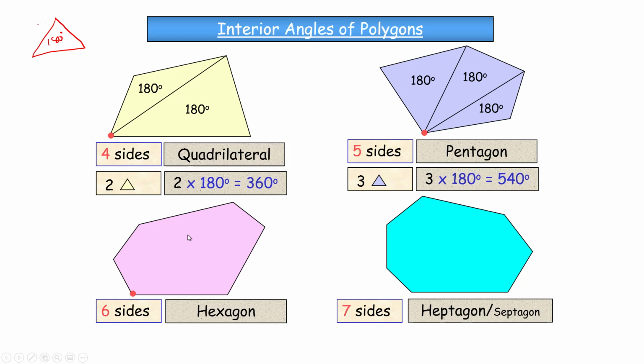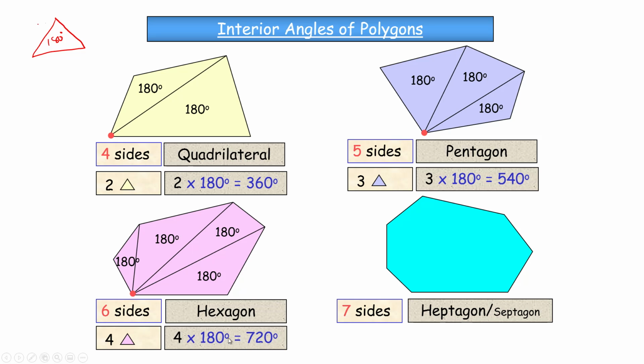Pick a corner, any corner, and then from there we see how many triangles we can form. It's 1 triangle, 2, 3, and 4. So that's going to be 4 times 180, which will give us 720 degrees. And we can do that for any polygon, just fitting in the number of triangles we can fit in.